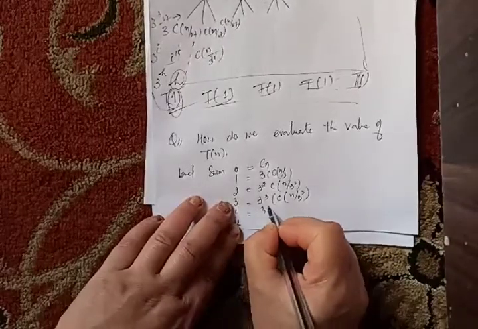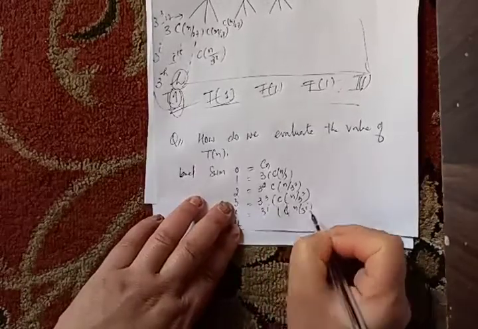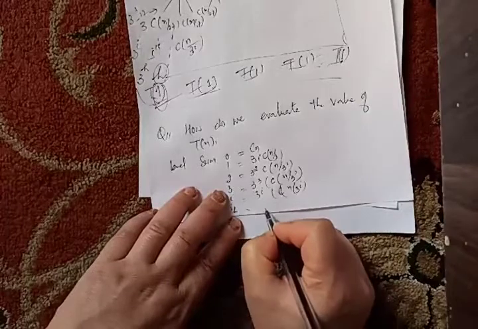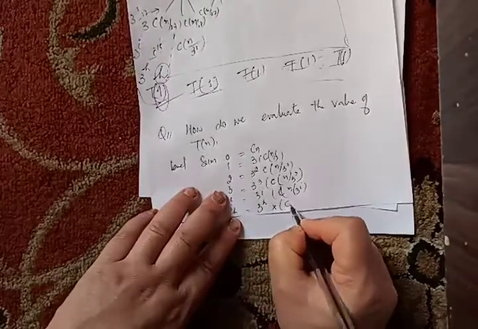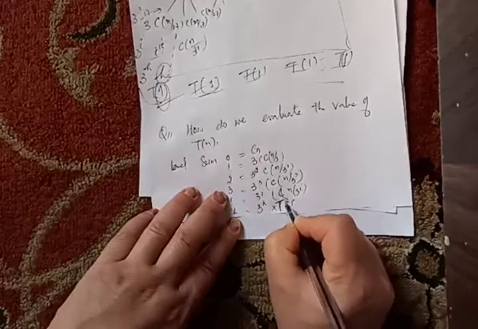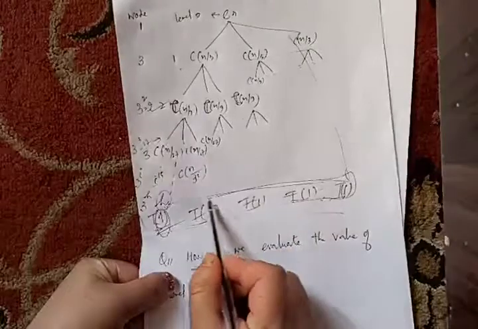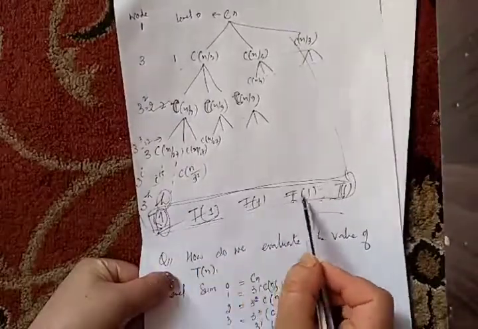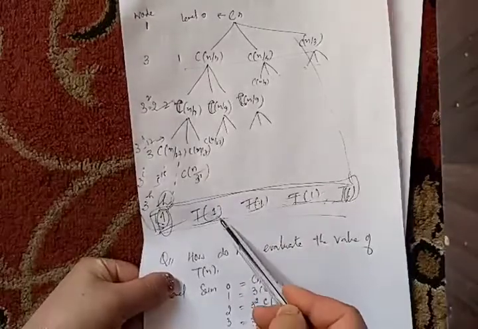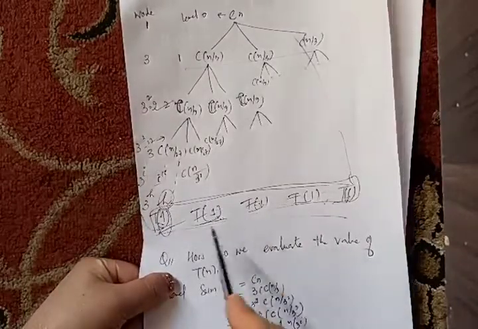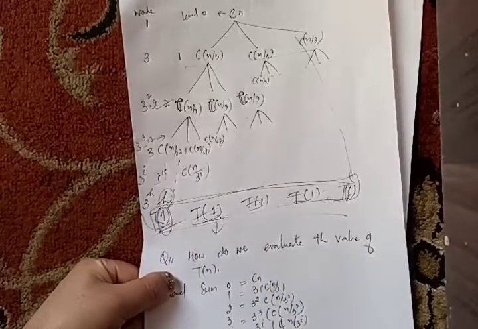Similarly at the ith level we would have 3 to the i times c n divided by 3 to the i. And at the hth level we would have 3 to the h times T of 1, as the hth level is the last level where every node has size T of 1. It means that further we cannot divide this bigger problem into smaller problems.